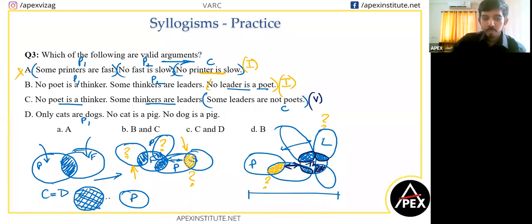And it cannot overlap with this circle because no cat is a pig. Does it also mean that no dog is a pig? Yes, because the circle for cats and dogs are exactly the same. So if no cat is a pig, it also means that no dog is a pig. So this also becomes a valid argument. And your answer is C. Because A and B were invalid and C and D were valid arguments.